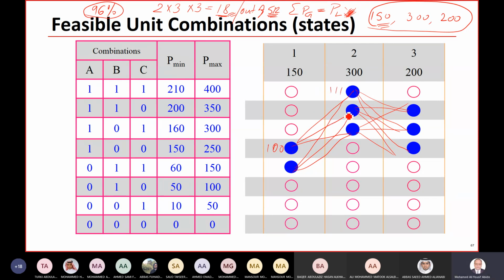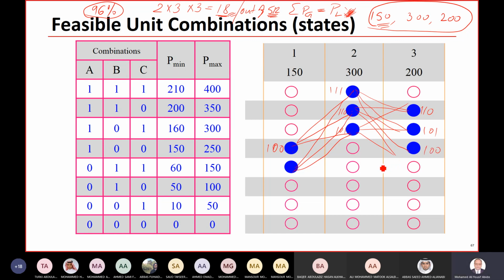What is the combination here? 1 1 0. Combination here is 1 0 1, and so on. Here you have this one as 1 1 0. This is the combination, and this is 1 0 1, and this is 1 0 0.